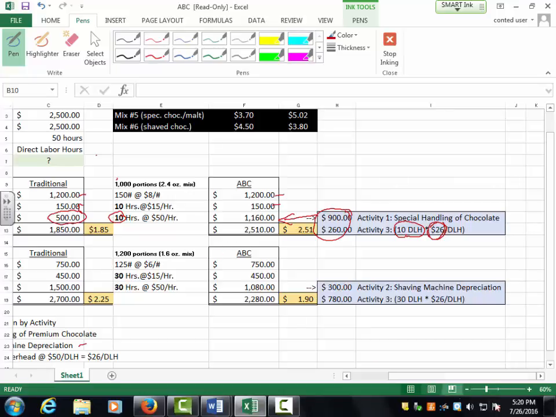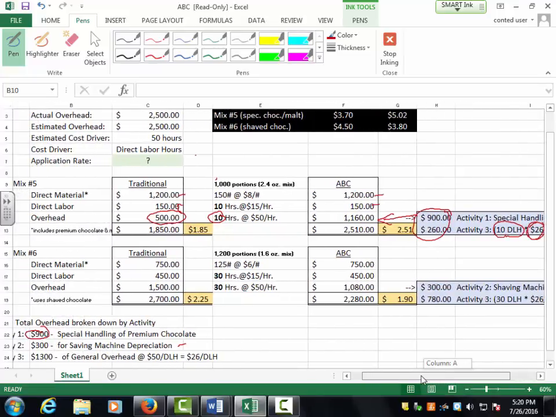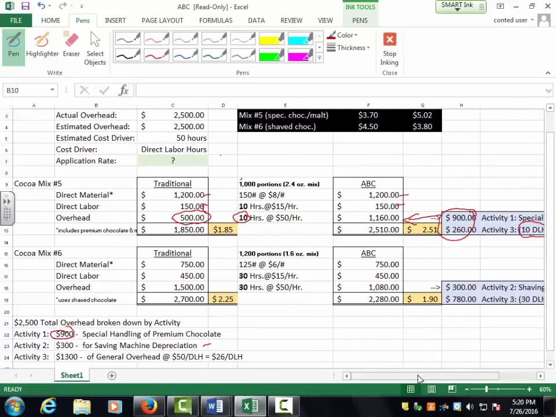If we look at the cost based on traditional versus activity, we total these up, divide by the number of portions, we get 185. We total these up, divide by the number of portions, and we get 251.